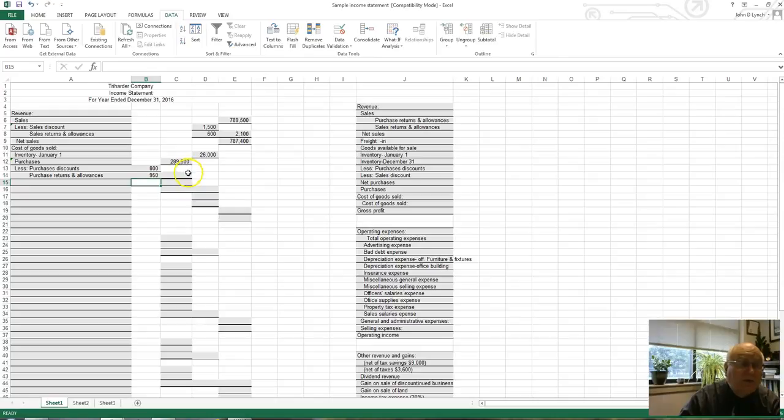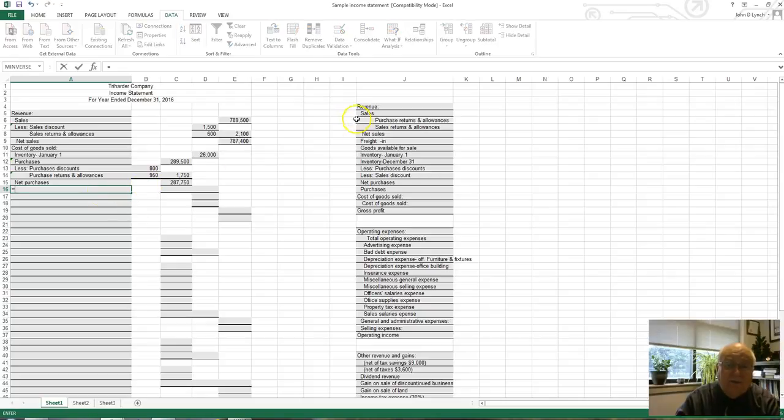And then we add the purchase discounts and the purchase returns and allowances, so $800 plus the $950. That will give us our net purchases. We subtract those, so we take $289,500 minus the $1,750 to get $287,750 for net purchases.